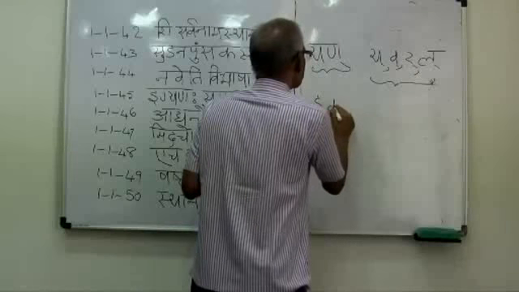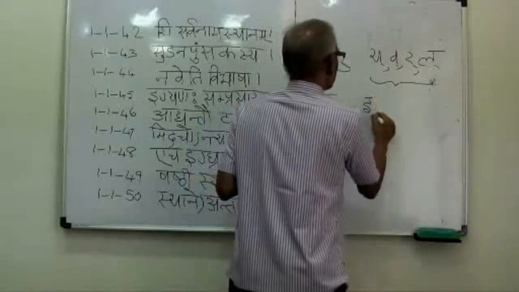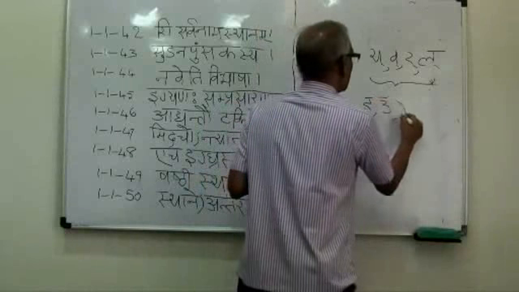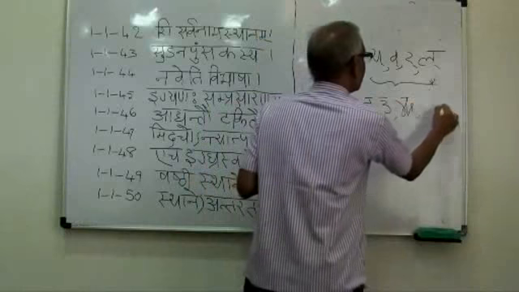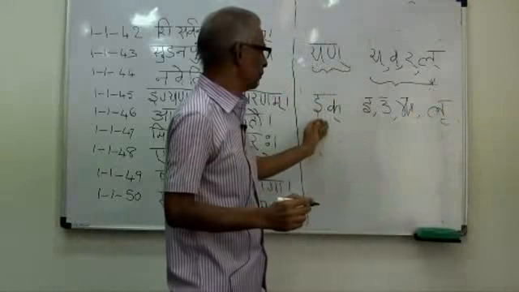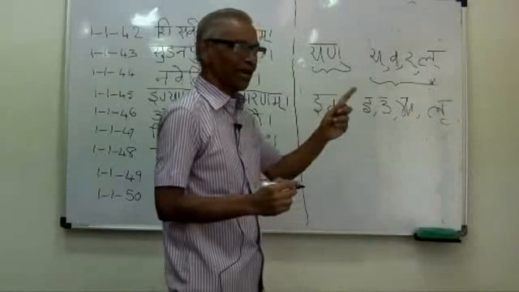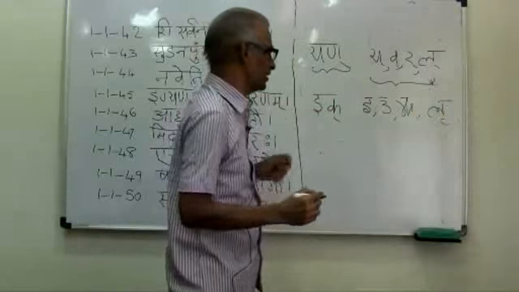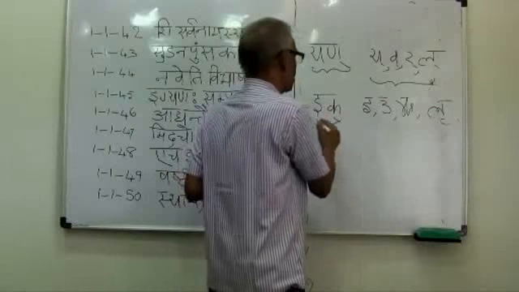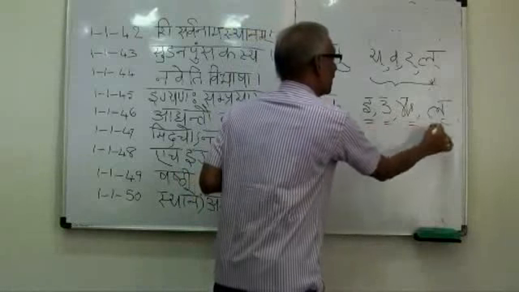Ik is also a pratyahara: i, u, ru, lu. How has this pratyahara been built? From Ayun, I is taken, and from rilrik, ka is taken. So ik is a pratyahara signifying ikara, ukara, rikara, lrikara.